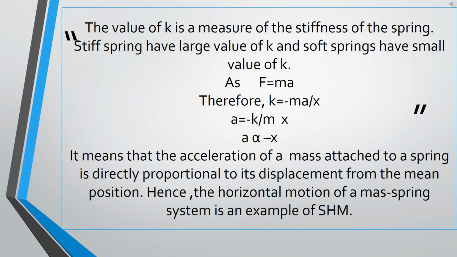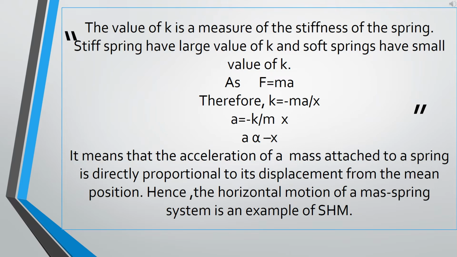Next we can see that the value of k is a measure of the stiffness of the spring. Springs which are stiff, meaning more tight, will have a large value of k, meaning their spring constant value will be more, and those springs which are soft will have a lower spring constant. So we know that according to the second law of motion, F is equal to ma.